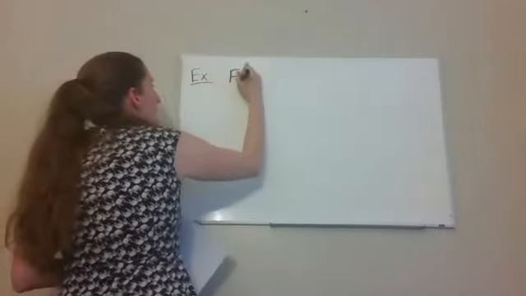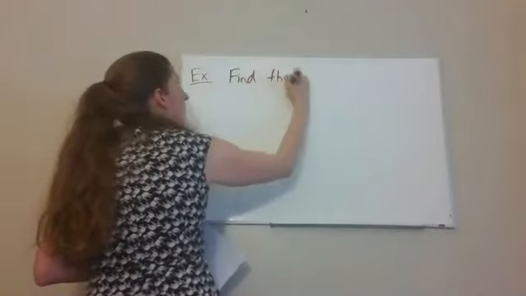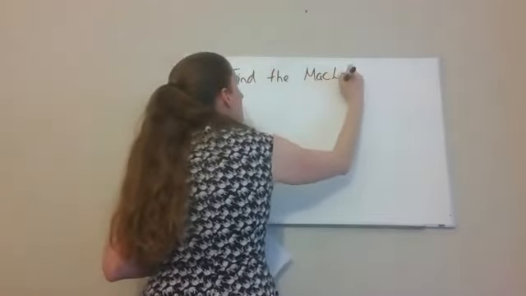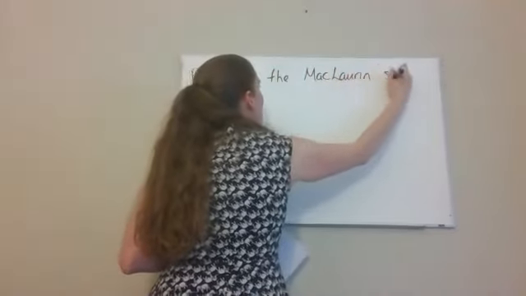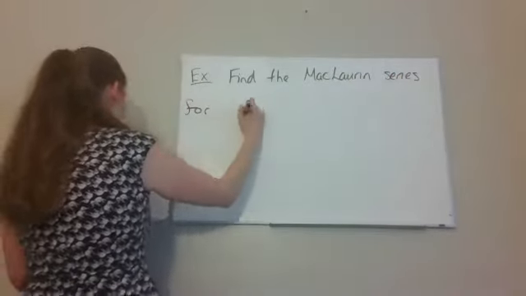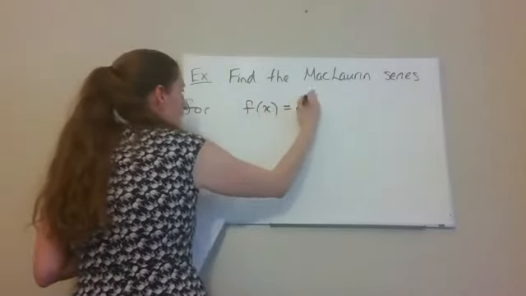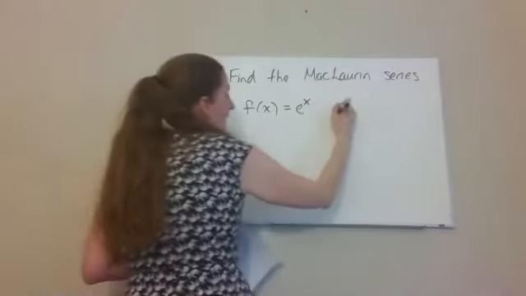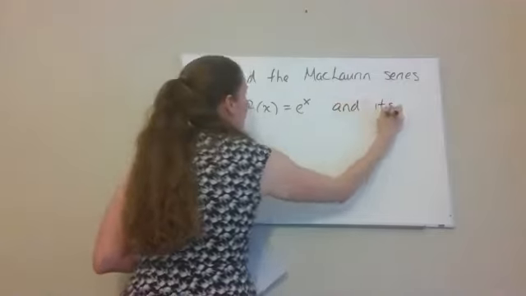So let's start by finding the MacLaurin series for e to the x. And we're going to find its radius of convergence.